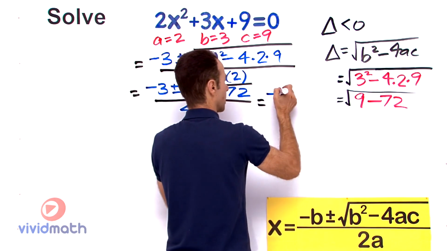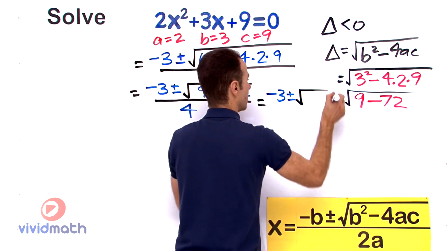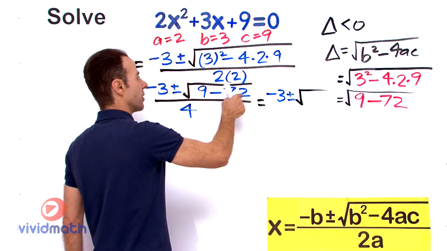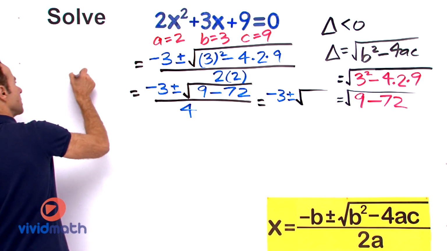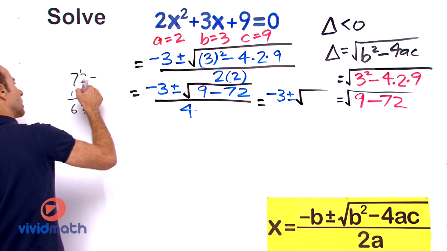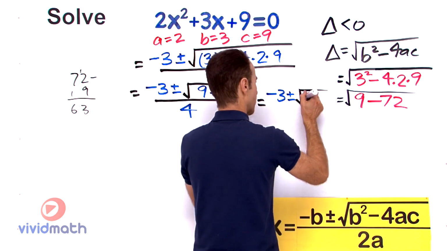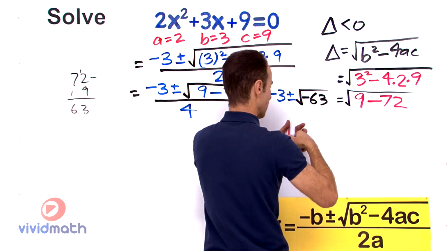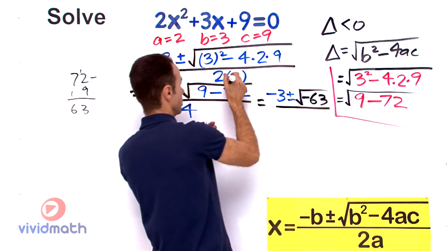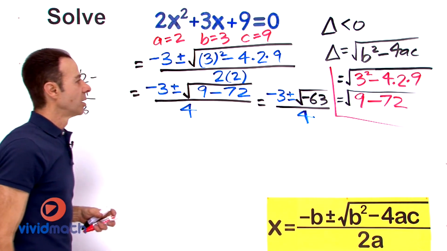Negative 3 plus or minus the square root of what? 9 minus 72. That's going to give us a value of 72 take away 9, 63. Yeah, 63. So that's going to be negative 63. Let me just put a border here. Negative 63 all over 2 times 2, which is 4. There's our 4 there.